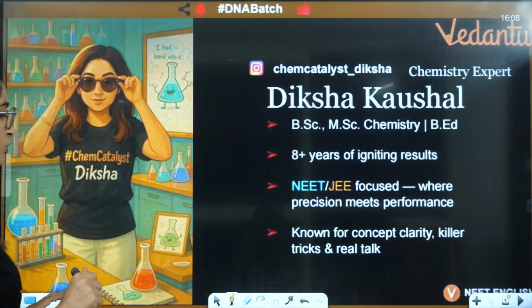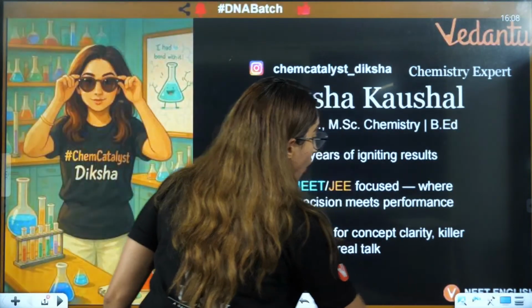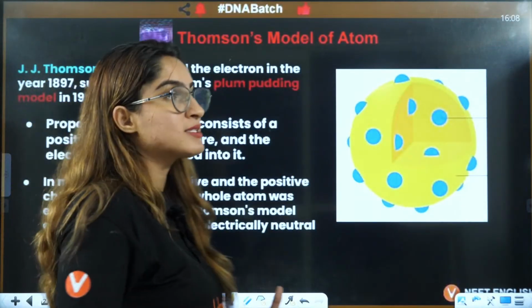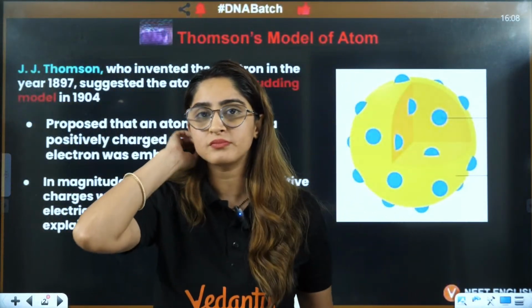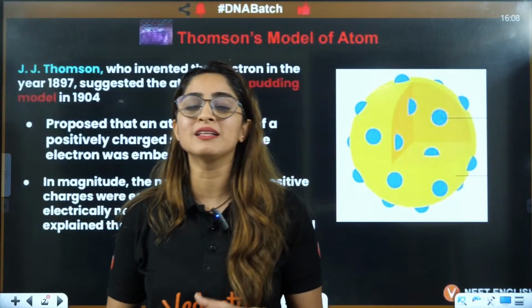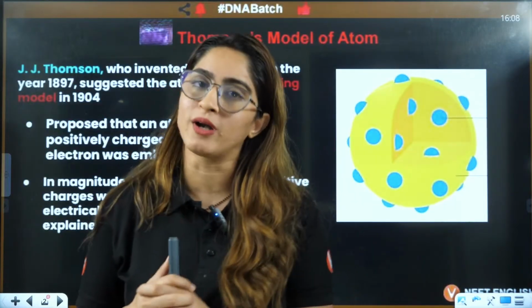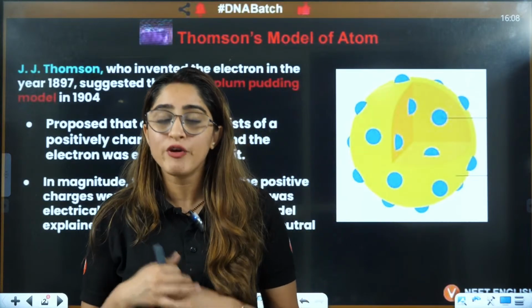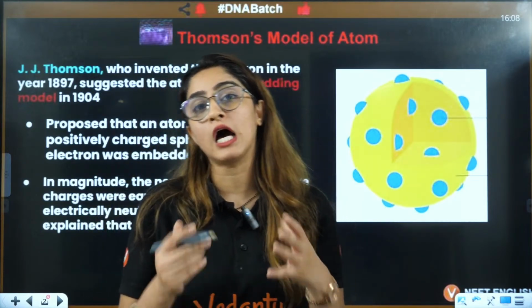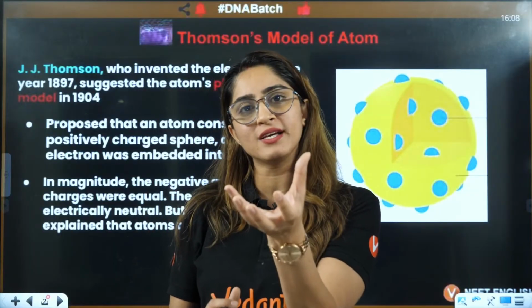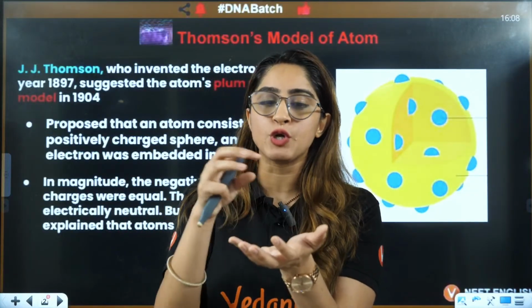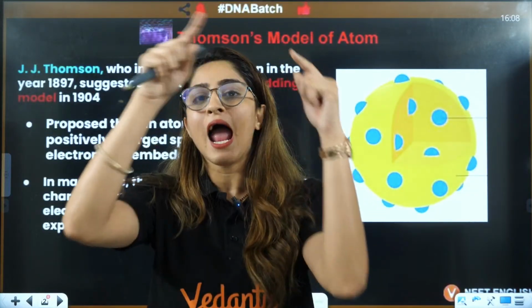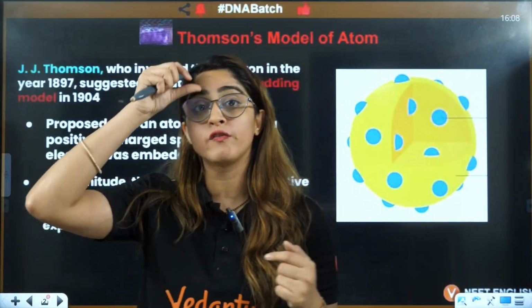Now, if you talk about models of the structure of atom, the first model that we discuss is the Thomson model. So in the Thomson model, what exactly do you have? We know that in an atom there is a nucleus, inside the nucleus there are neutrons and protons, and outside, electrons are revolving around it.